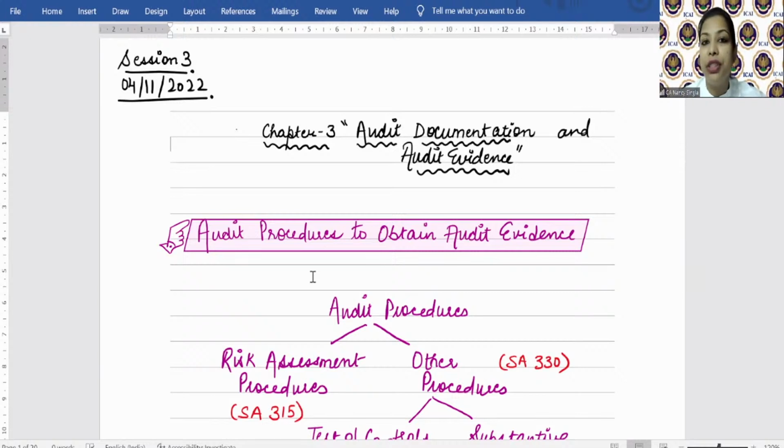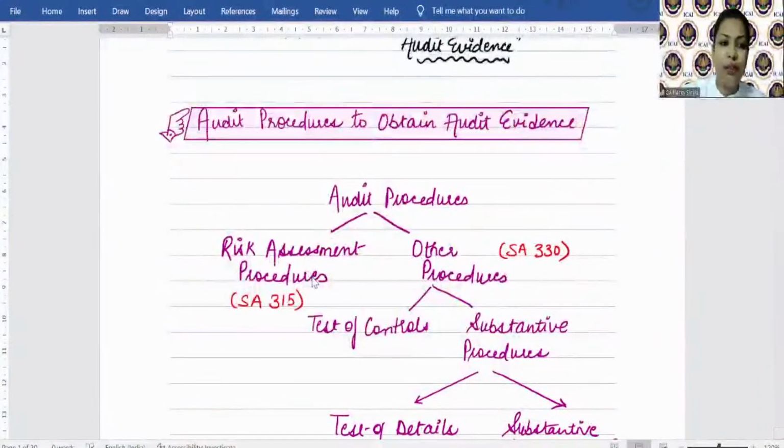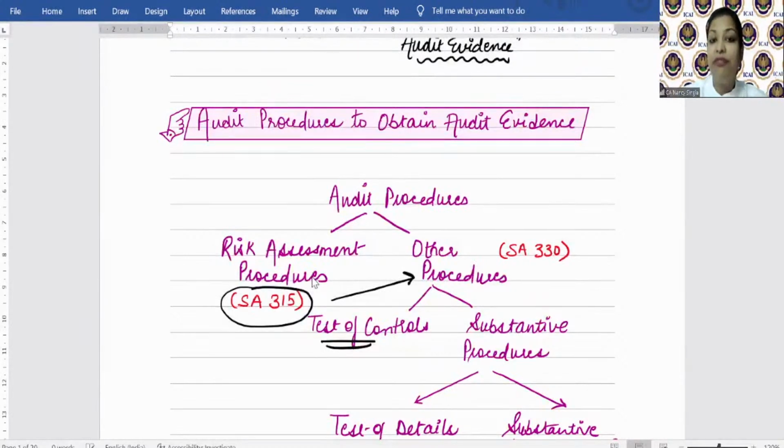That is the audit procedures performed by the auditor to identify and assess the risk of material misstatement through understanding the entity and its environment, including the internal control, right? After identifying and assessing the risk in terms of SA 315, the auditor will respond to such risk under SA 330 by performing test of controls if he intends to rely on the controls, right?